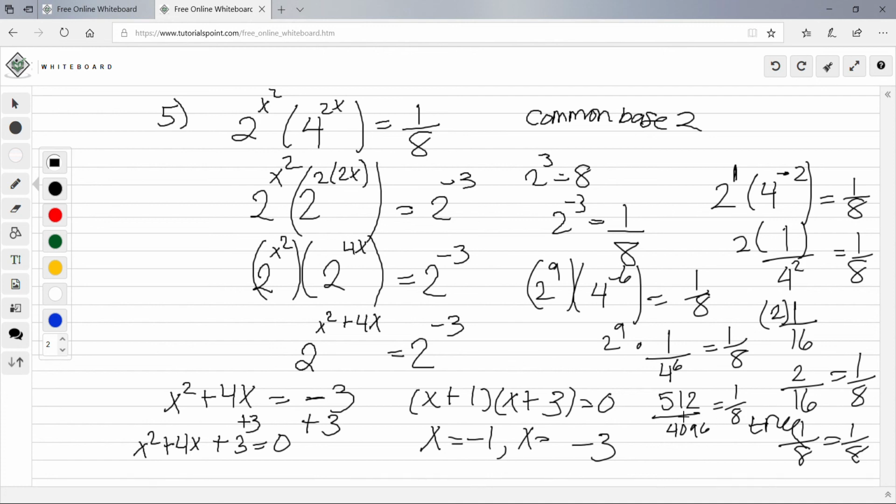I put it in a calculator and 512 over 4096 is the decimal 0.125, and 1/8 is the same thing as 0.125. So this is true. We can conclude that both of these answers are correct, or possible.